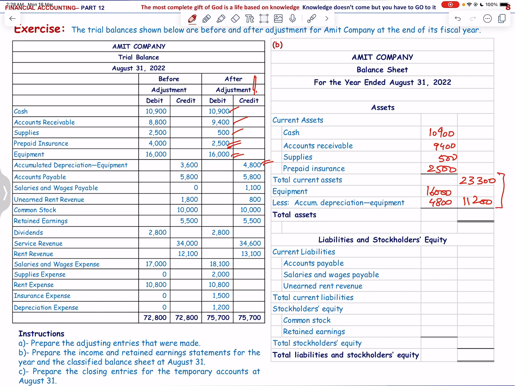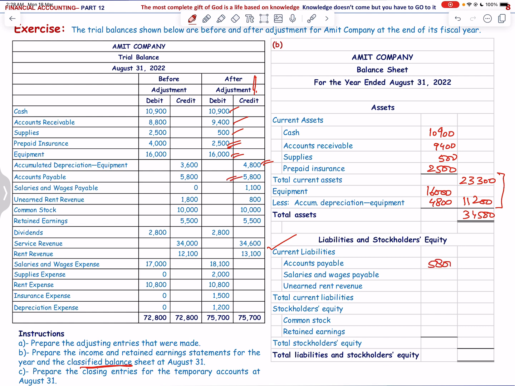Next, we are going to record the liabilities and stockholder equity. And since this is a classified balance sheet, we start with the current liabilities. And for the current liabilities, we have accounts payable 5,800. Then we have salaries and wages payable 1,100.